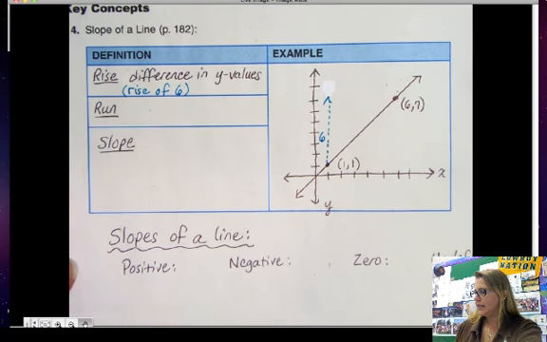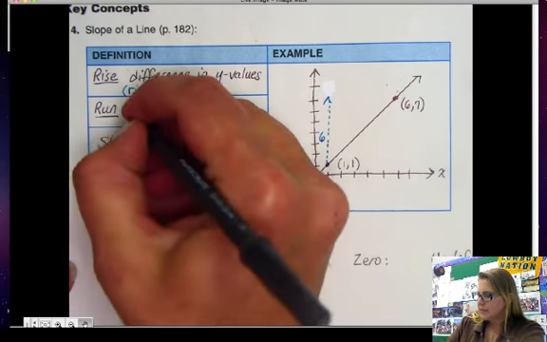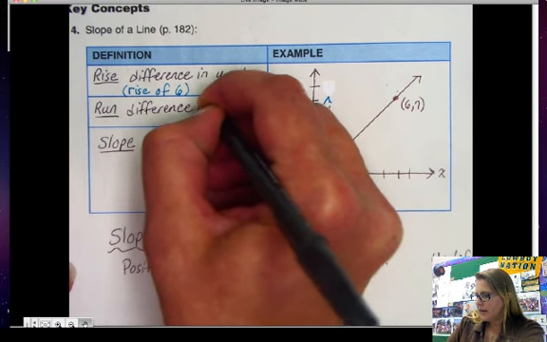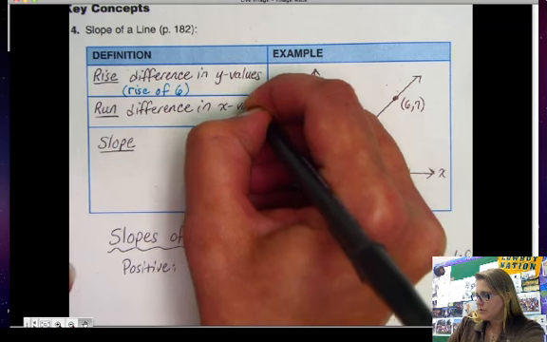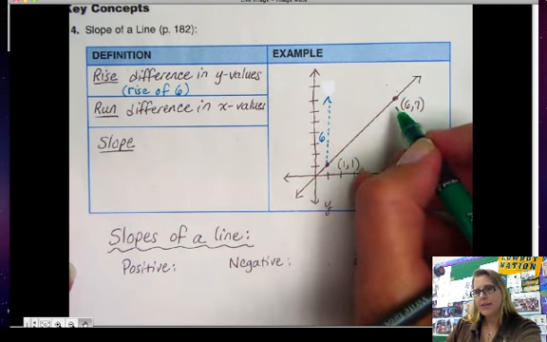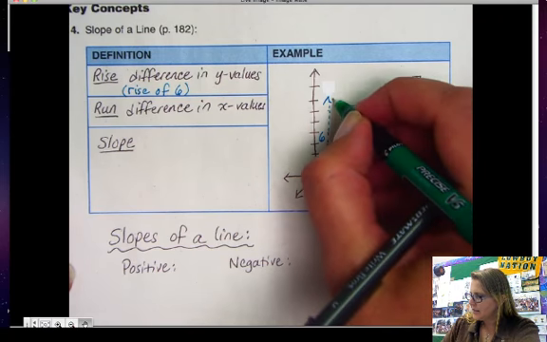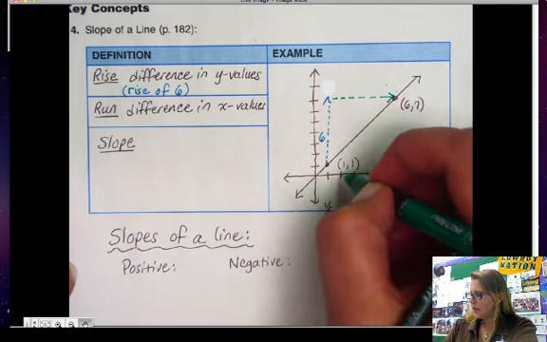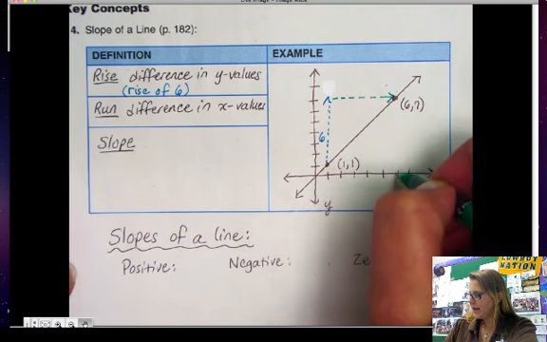The run is the difference in x values. So how far am I going left and right? In my case, I'm going 1, 2, 3, 4, 5.